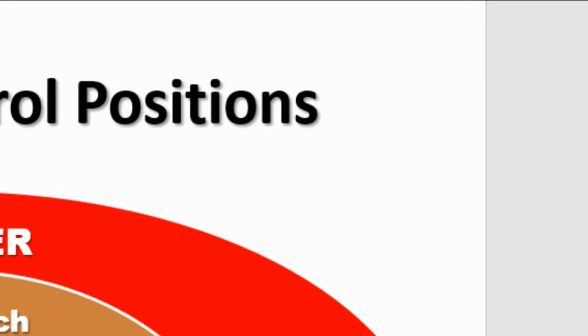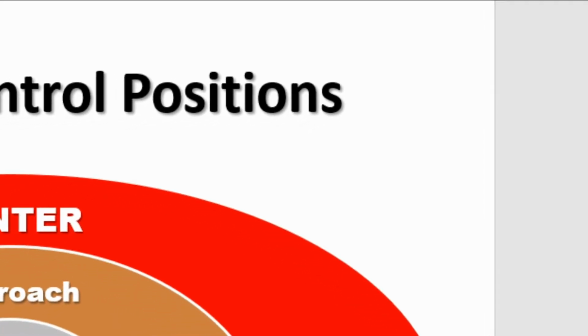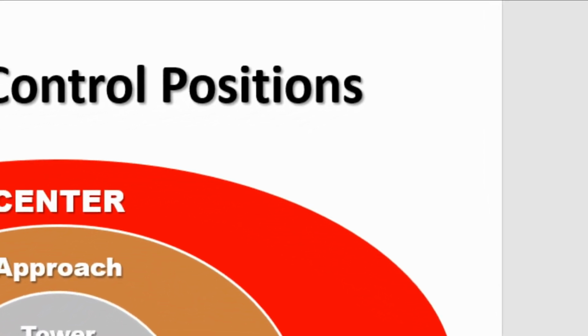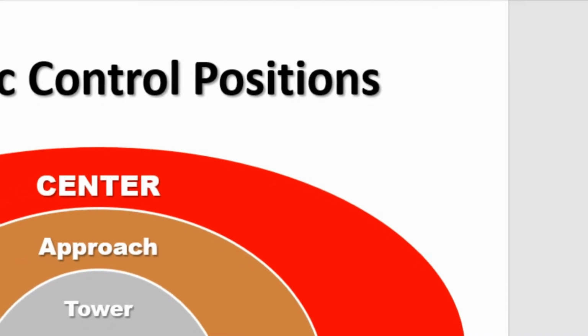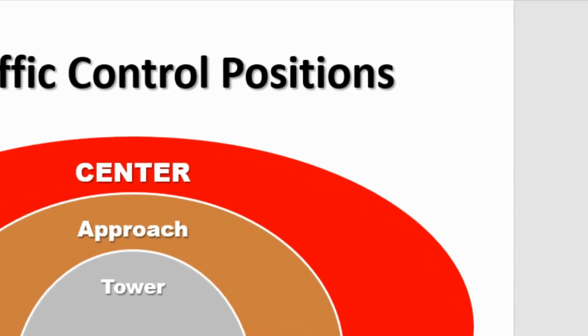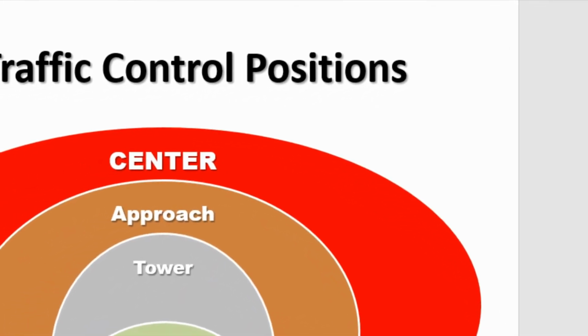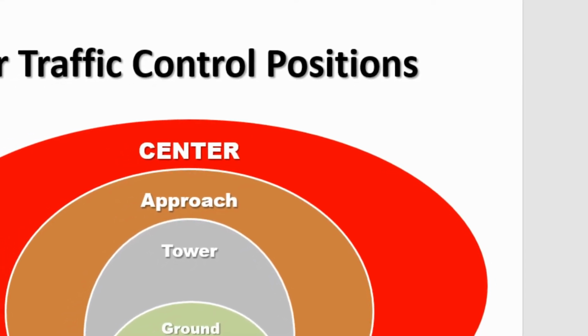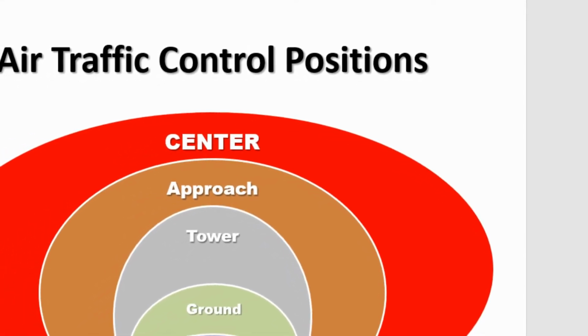Returning to the air traffic control positions, if there's no departure, then ground can cover for departure, but it can't cover for tower. Tower can't cover for approach, but it can cover for ground and departures, and so on. So Centre can cover all ATC positions.